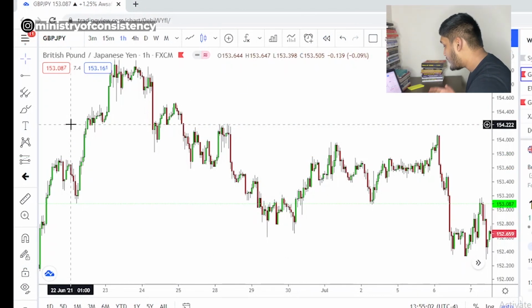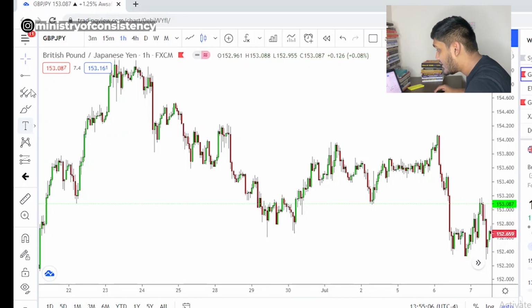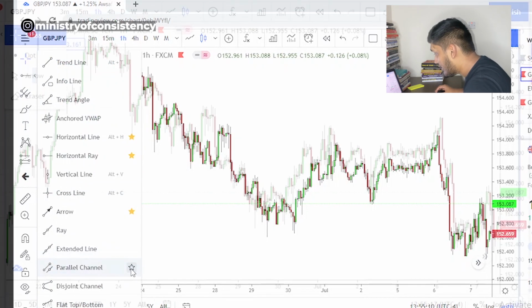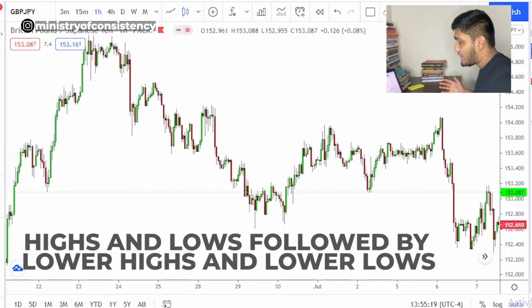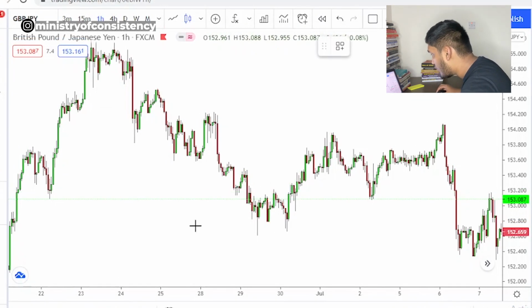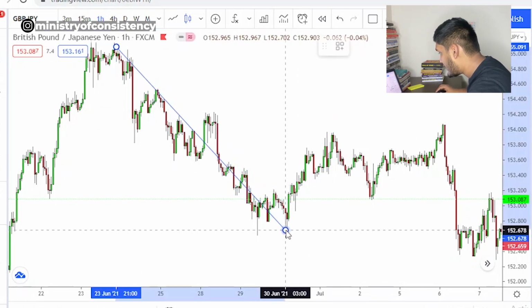The second type of trend in the markets is your downtrend. It's very simple. It's just the exact opposite of your uptrend. Here what you want to be looking for is a high and a low followed by lower highs and lower lows. So first we're going to draw a simple channel to look at what a downtrend could look like. This itself is a nice downtrend.